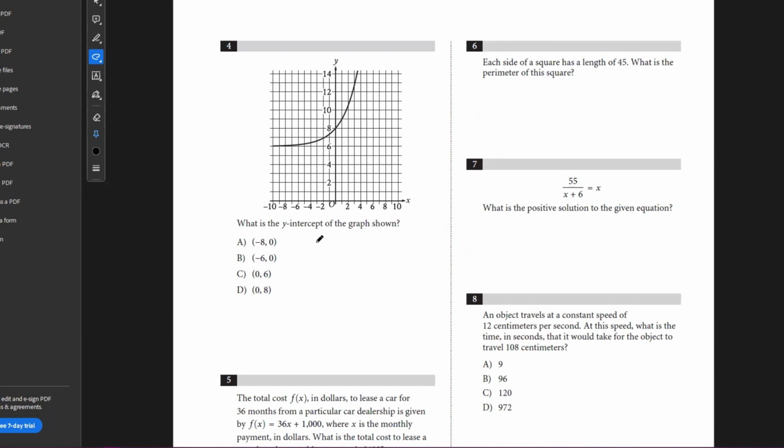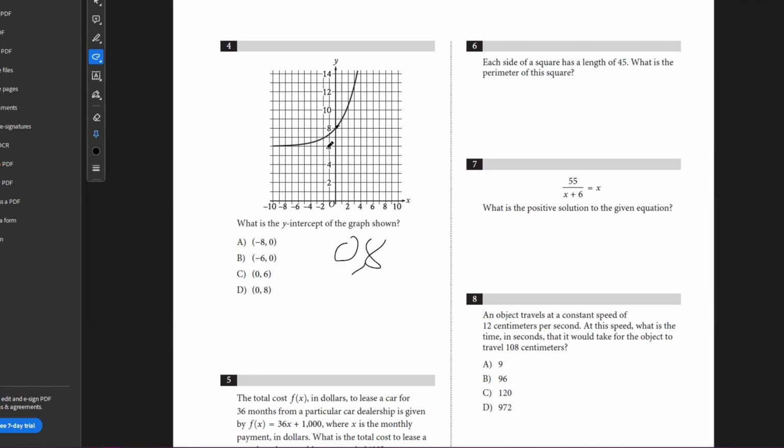All right, question 4. What is the y-intercept of the graph shown? If you want to find the y-intercept of a graph, first of all, you're going to come to this line where our x value is 0, and we only have y values, and we're going to find where it cuts the y-axis. So we can just see that it's 0 to 8.